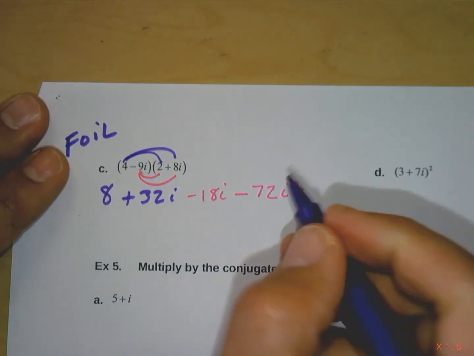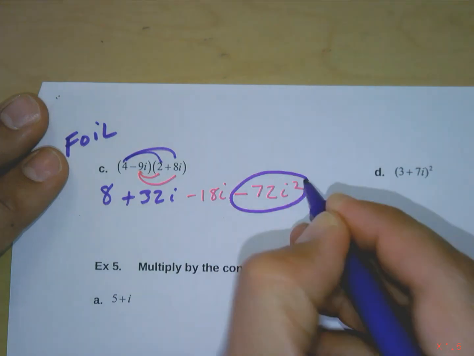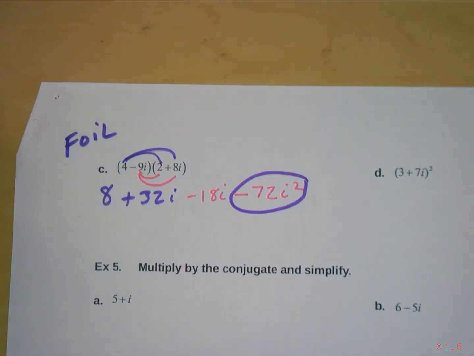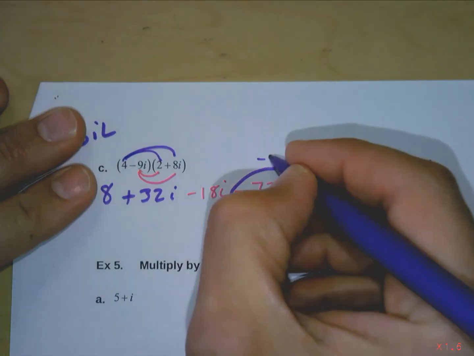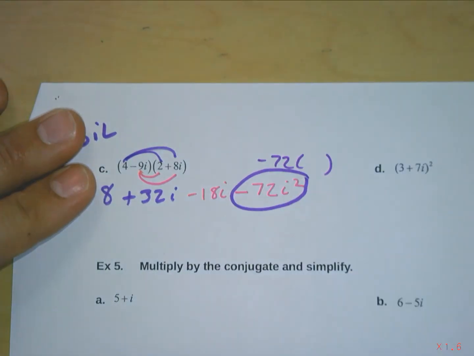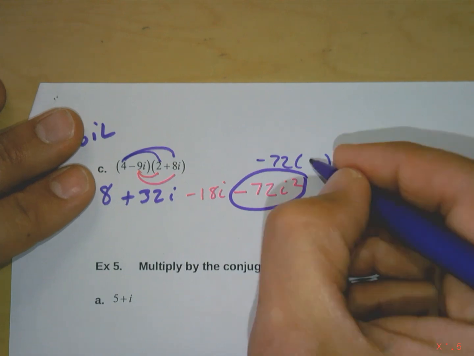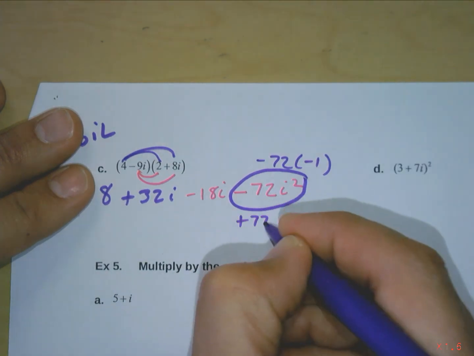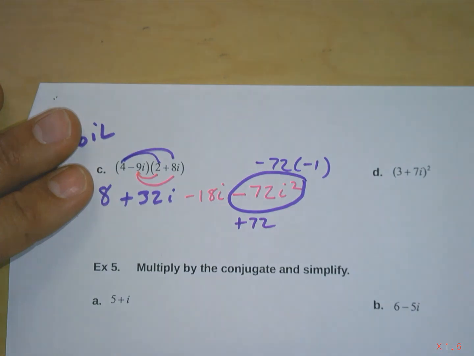Well, I can't leave it like this. I need to simplify that. What's negative 72i squared? That's negative 72 times what? What's i squared? Yeah, negative 1. So I simplify that to positive 72. Negative times a negative.